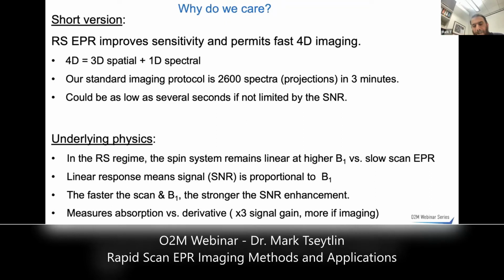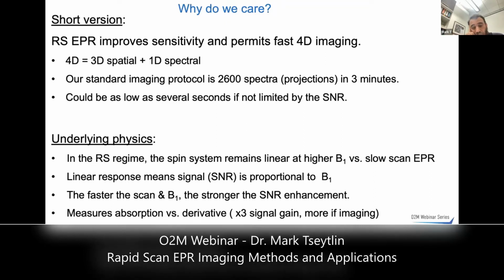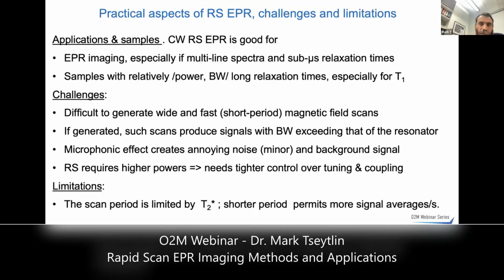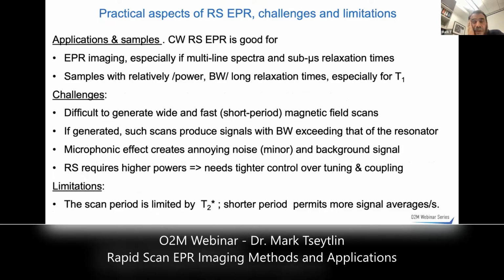Another thing is that in rapid scan we measure absorption, which overall could be a factor of 3 stronger than its derivative when measured in the field-modulated way. In terms of practical application, CW may be saturated at a certain power, but rapid scan can unsaturate the signal, so you can go to high power and have a stronger signal.